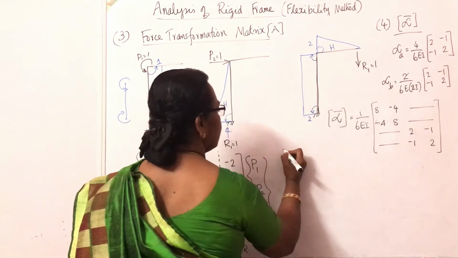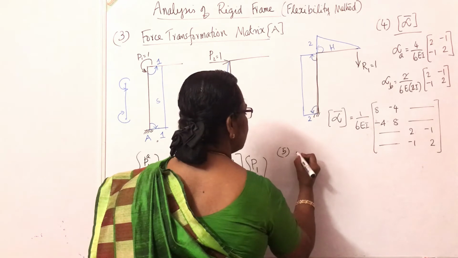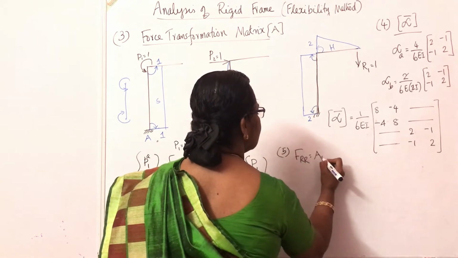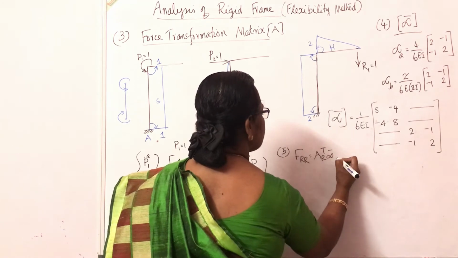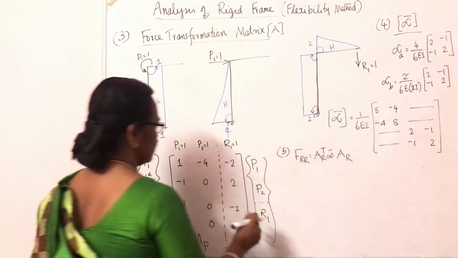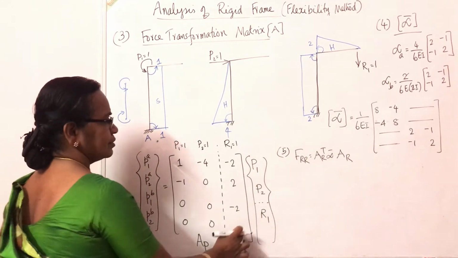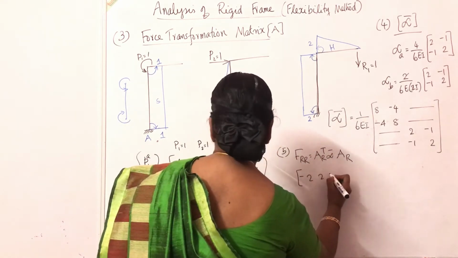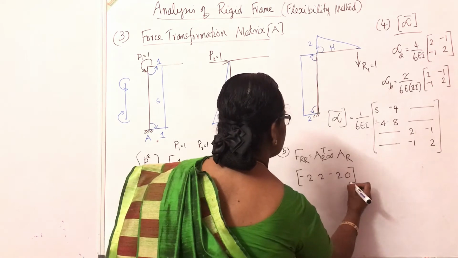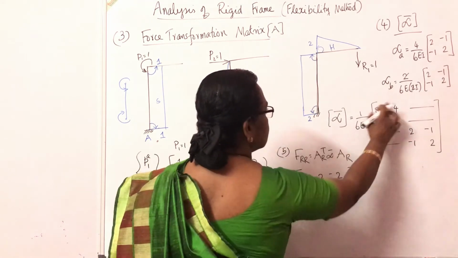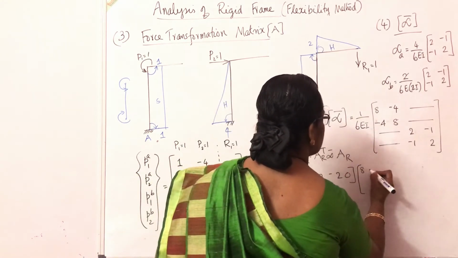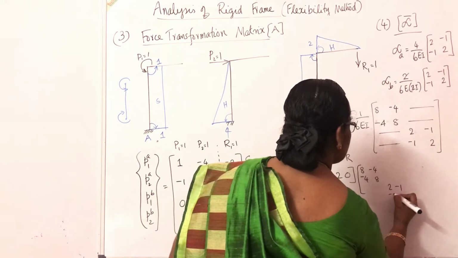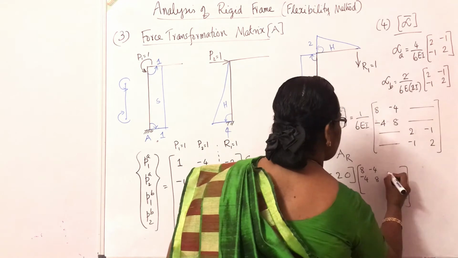Now step 5, we can do FRR, AR transpose alpha bar into AR. So this is AR. AR transpose means minus 2, 2, minus 2, 2 into this 8 minus 4 minus 4, 8, 2 minus 1 minus 1, 2.